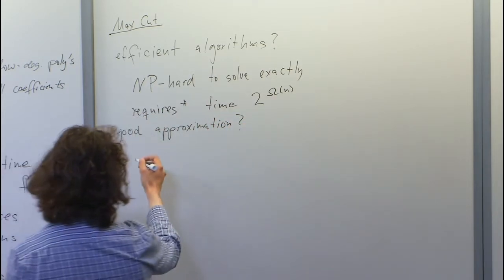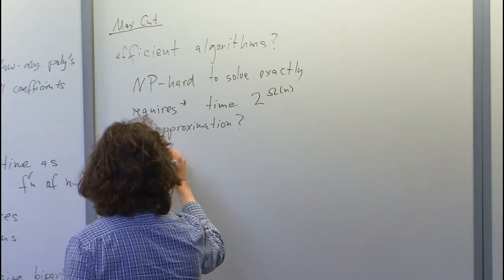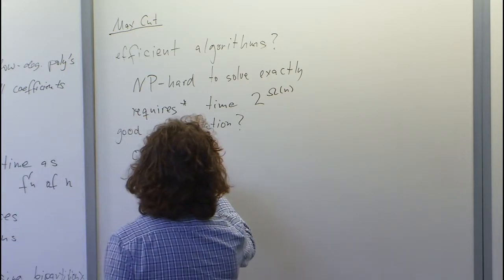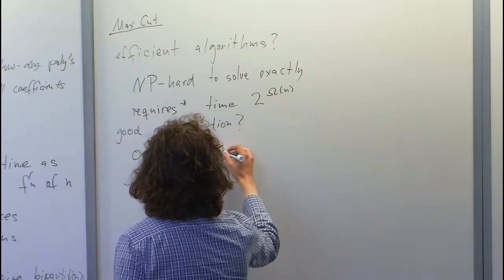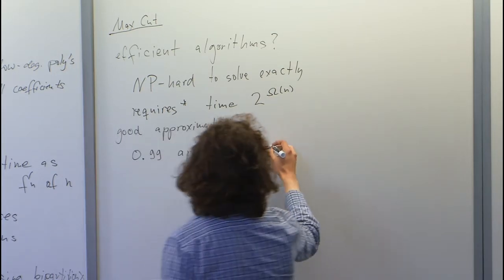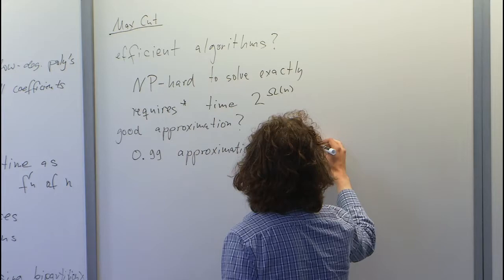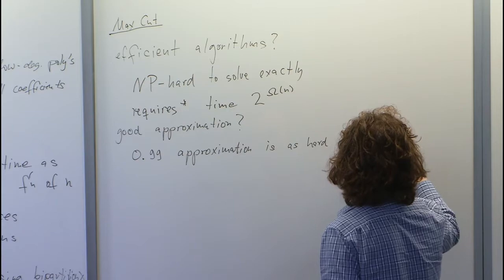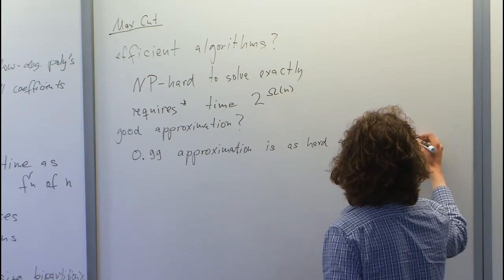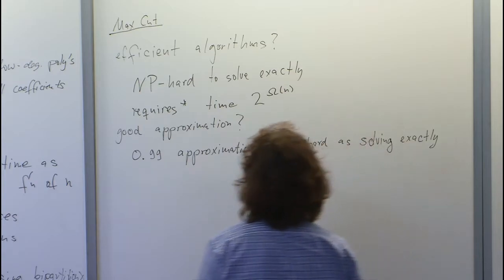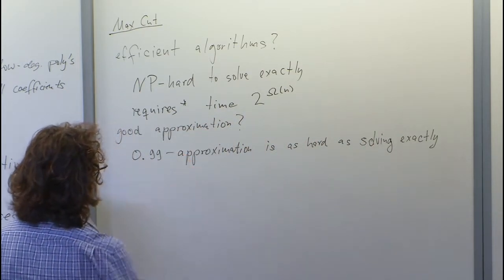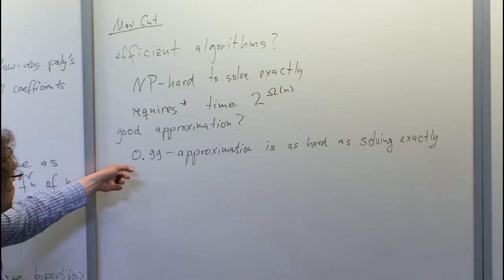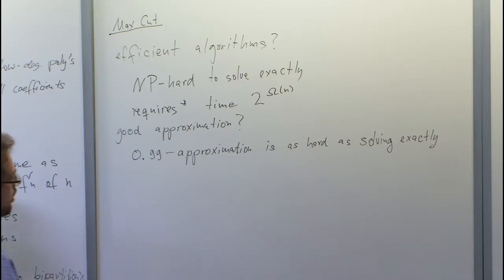There's a basic result that says some kind of 0.99 approximation is as hard as solving the problem exactly. Here I should also say, I'm not sure if you remember it from Luca's talk, how we measure approximation.